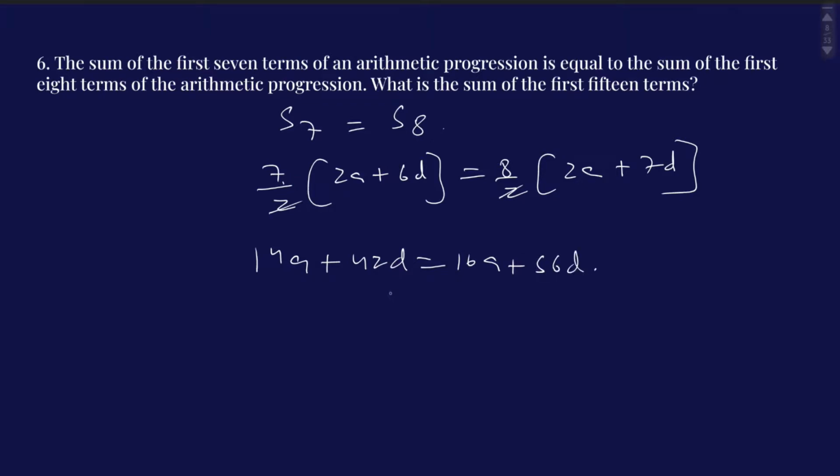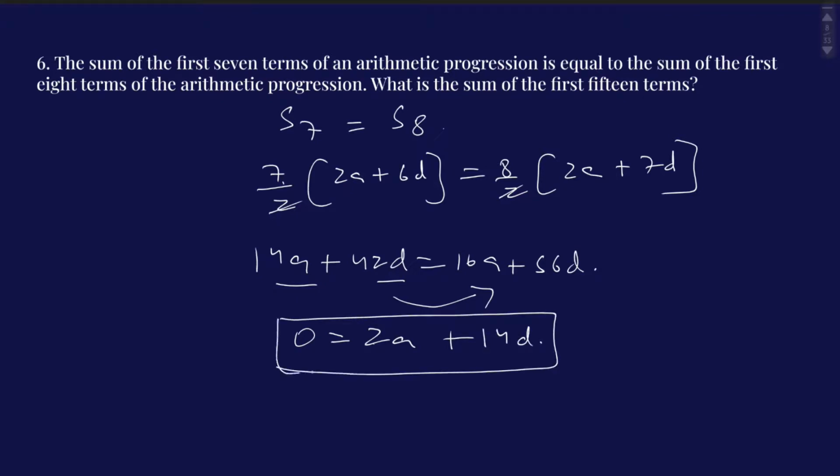And if we shift these a and d to this side, we will get here 0 is equal to 16a minus 14a, 2a, plus 56d minus 42d, 14d. Okay, so we got this.